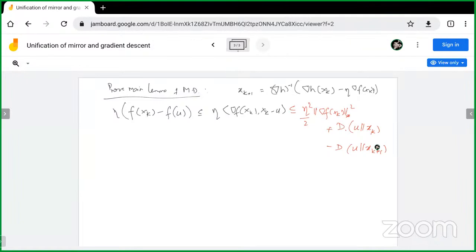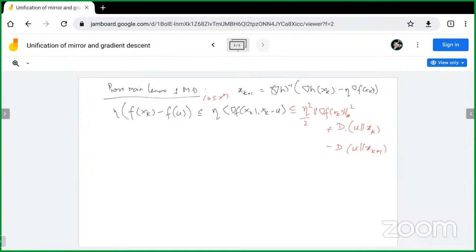So think of u as the optimal point, you think of u as x star. Okay, so that's the lemma, and now we show it in a cleaner way using this interpretation.